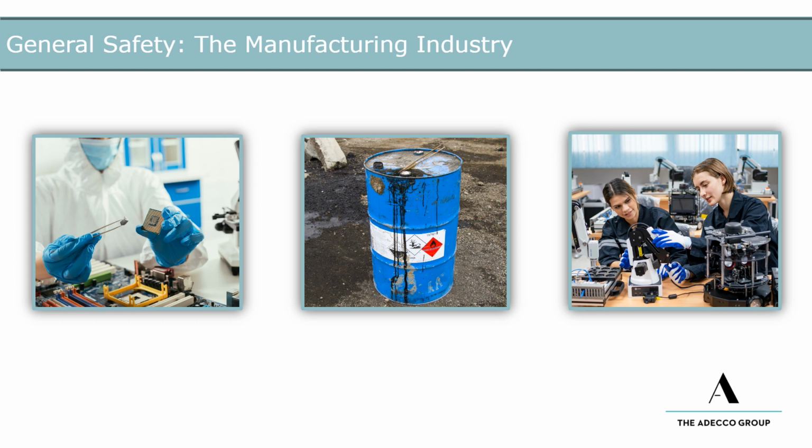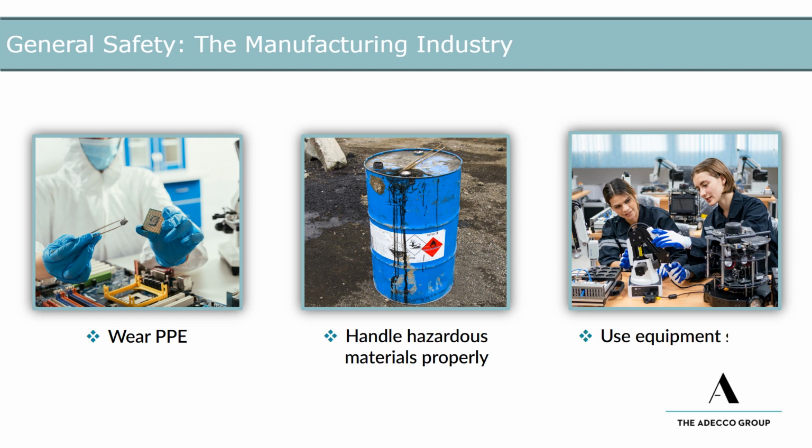To ensure associate safety, it is important to follow safety protocols and guidelines such as wearing personal protective equipment, properly handling hazardous materials, and using equipment safely. Additionally, associates should be aware of emergency procedures and know how to respond in case of accident or injury. Regular safety training and communication can help prevent accidents and ensure a safe work environment.